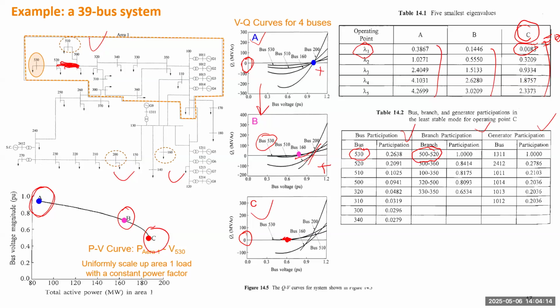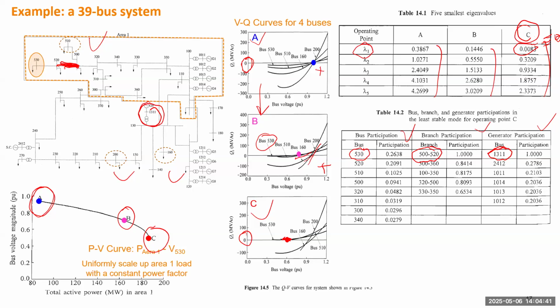For the generator participation factor, the top one here is 1311. 1311 is a generator at that location. It's outside the region, but it has the highest participation. So if you cannot do any control in the area, this will be the generator you can utilize to get more reactive power.